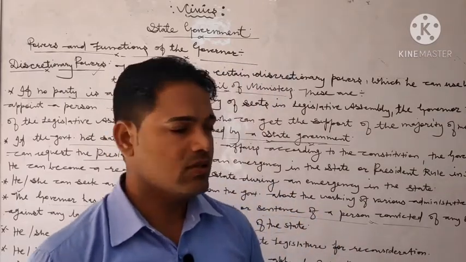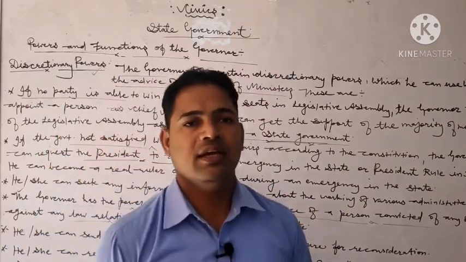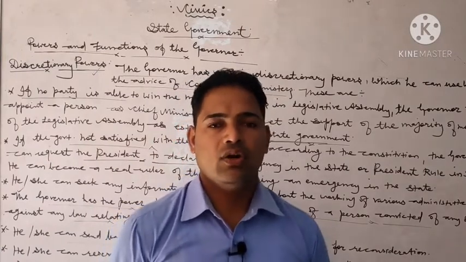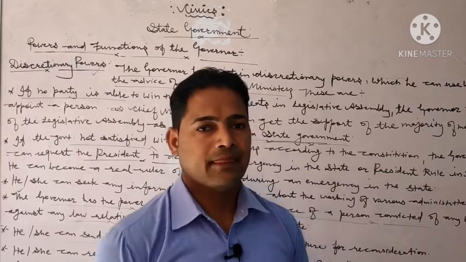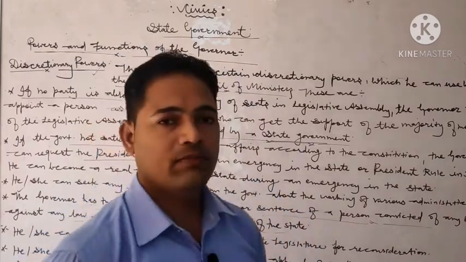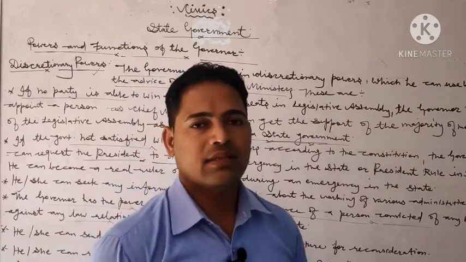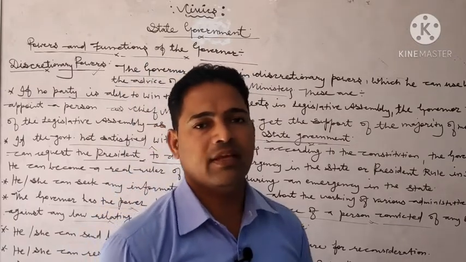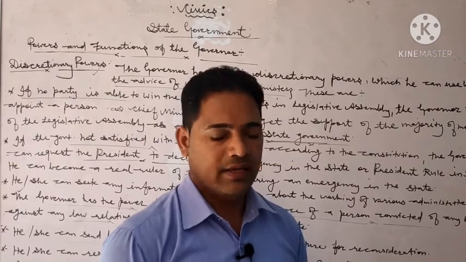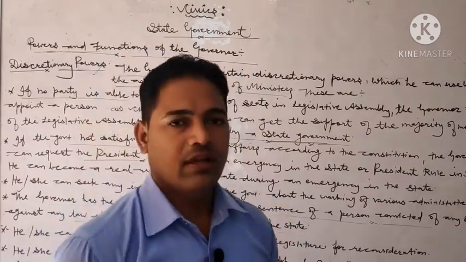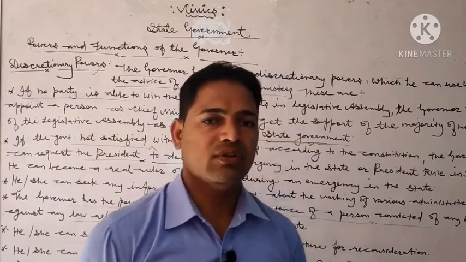Also, all the Council of Ministers are accountable to the legislative assembly, not to the governor. That's why the governor should be attentive and alert to how and in which way the Council of Ministers is working, and he should gain their full support, help, advice and suggestion.